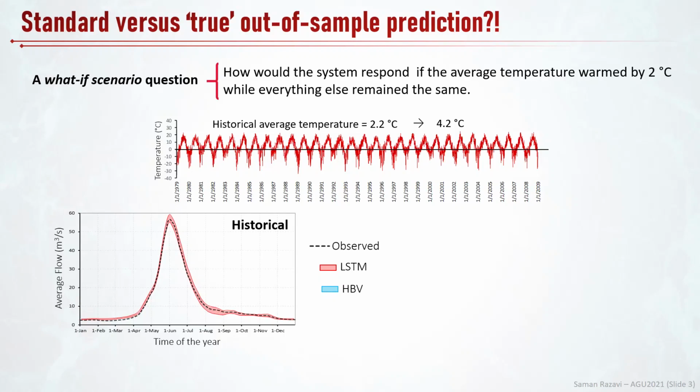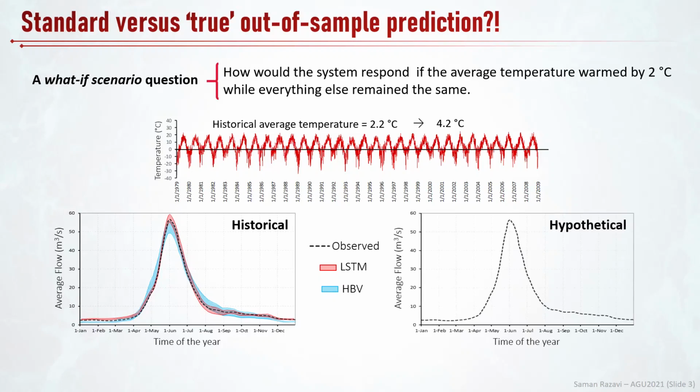The red envelope shows the response of LSTM across the 5 replicates, while the blue envelope shows the performance of HBV across the 5 replicates. Both models generally follow the observed seasonality, but the range provided by the LSTM model is generally narrower and better encapsulates observations in both low and high flows.